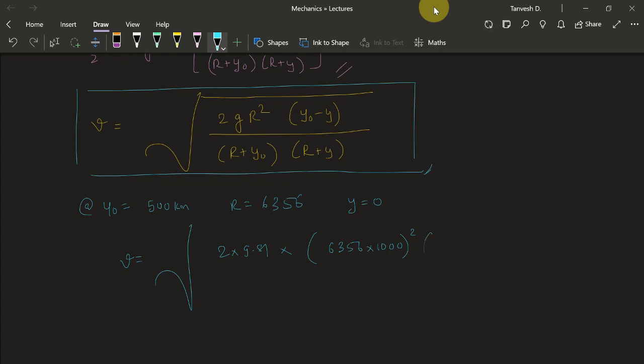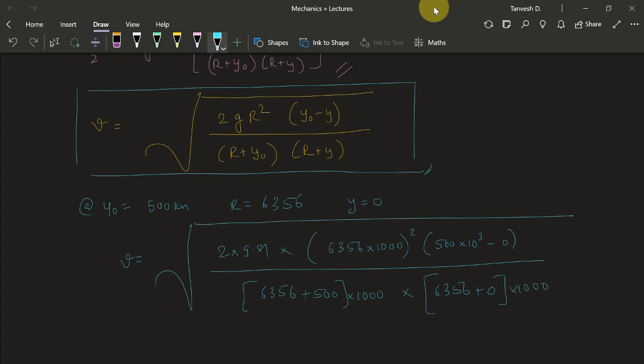That is what is important. y0 is 500 into 10 raised to 3, that will become meters, minus 0 because y is 0, upon 6356 plus 500 into 1000. This makes the first term in meters, into 6356 plus 0 into 1000, which makes the second term in meters.